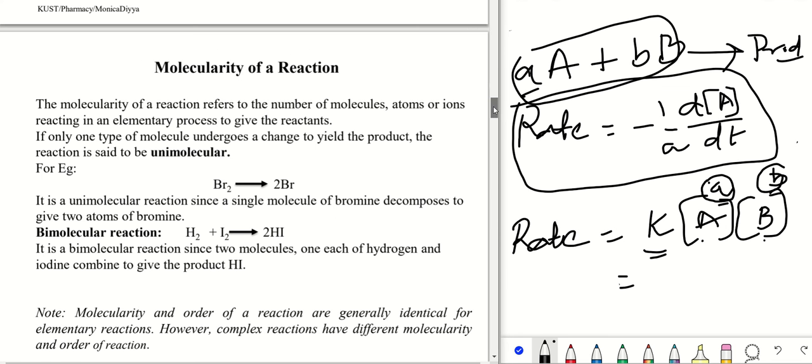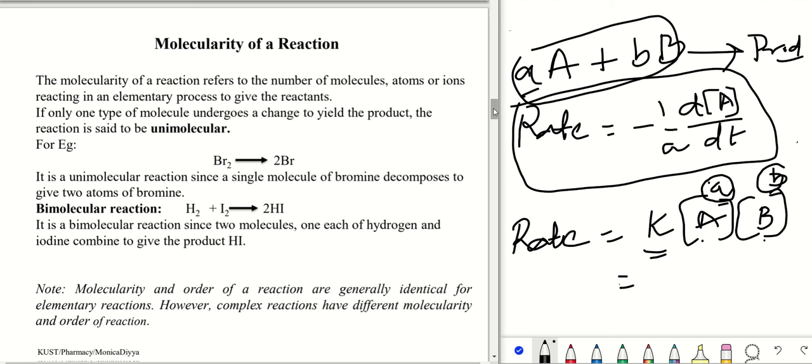Let me give one example: in a unimolecular reaction, one molecule of bromine reacts and produces the product. It's only one molecule of a substance. Similarly, if two molecules participate to get the product, it is known as a bimolecular reaction. It's as simple as that.